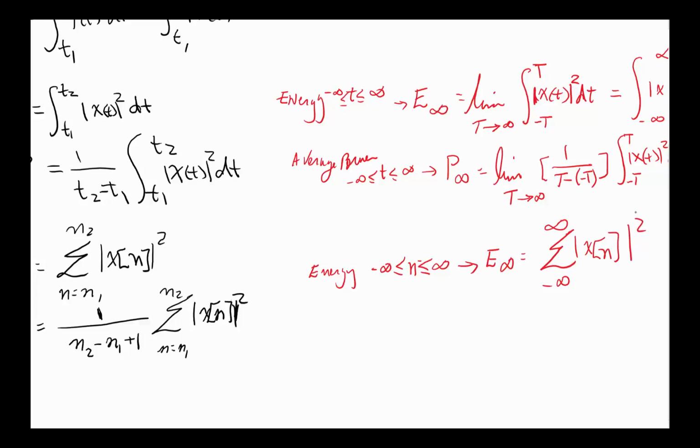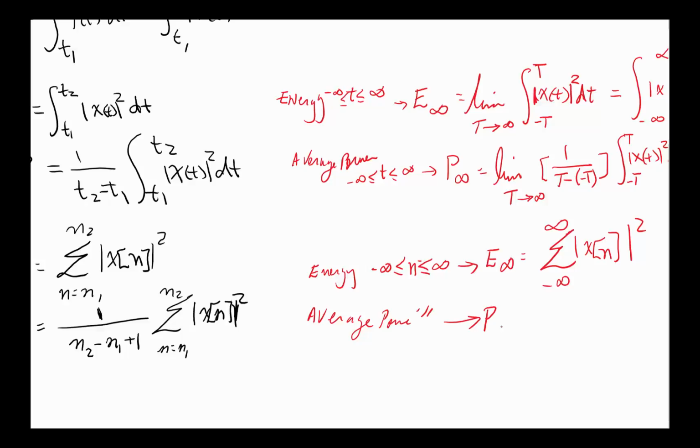Okay, and then continuing on, we're going to have average power from minus infinity to infinity, the same interval as we had up there. We have to do the same thing, the limit business and all that. The only difference is we're going to have a +1 attached to it, just because of the way the discrete intervals are calculated. You have to add a 1, otherwise you're missing the point.